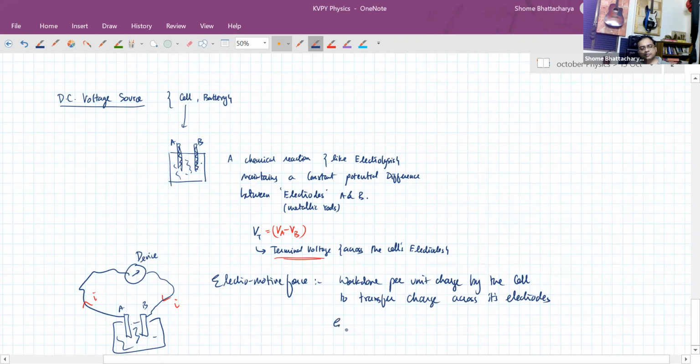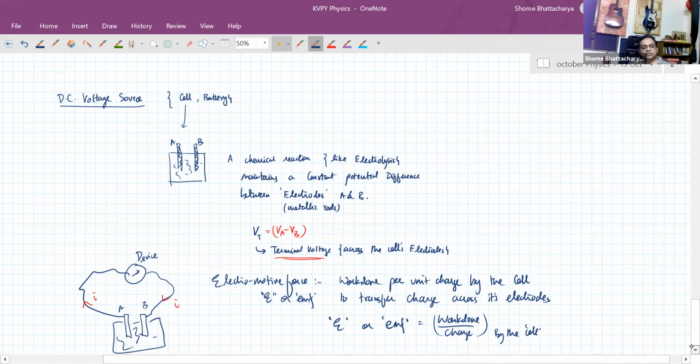So EMF is given by the symbol capital E, or sometimes you also write it as EMF. So EMF or E is equal to the work done per unit charge by the cell or by the internal forces of the cell.